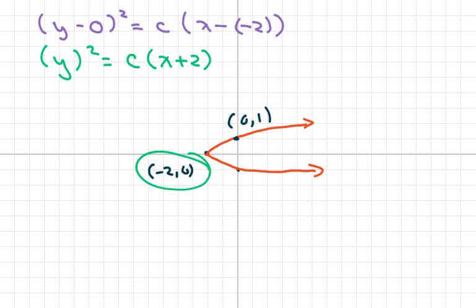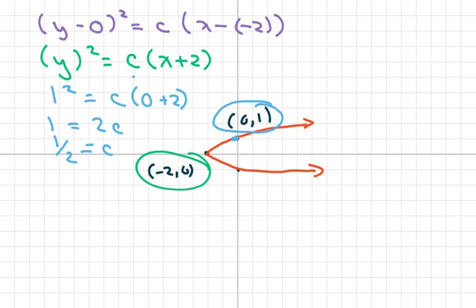That's your general form. And now we're going to plug in this extra point here to find out what my c is. So my y is 1 squared equals c times 0 plus 2. So we get 1 equals 2c, so c is 1/2. And we're going to just plug that back in there, so you get y squared equals 1/2 times x plus 2.